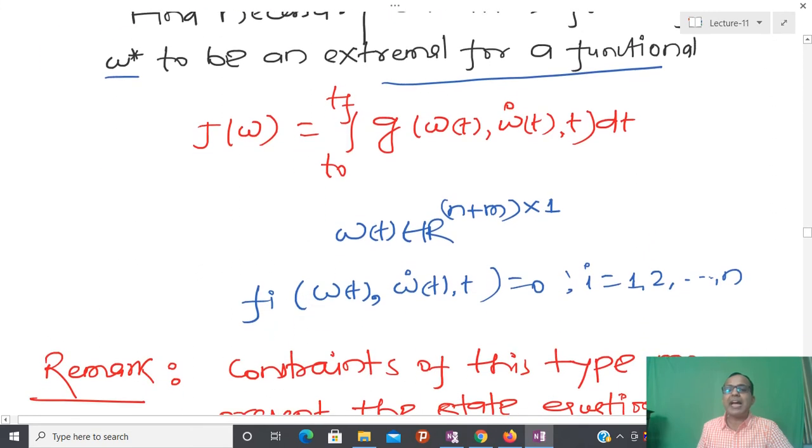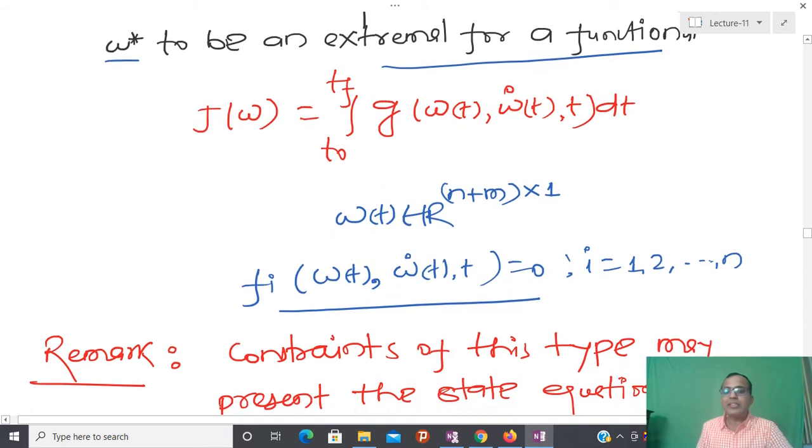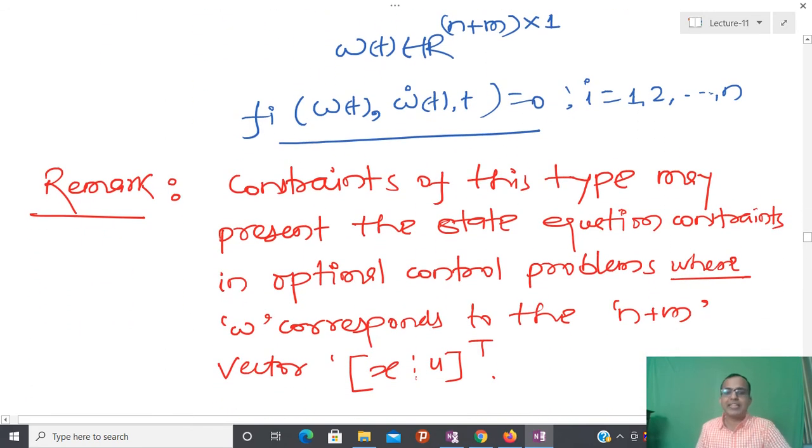Again I am assuming that omega belongs to n plus m, and the constraint I have represented now contains omega, t and omega dot. So it is in the form of a differential equation, not in the form of a point. Whenever we see the point constraint, the rate of change of omega is not involved. That is the only difference, and the development is exactly the same.